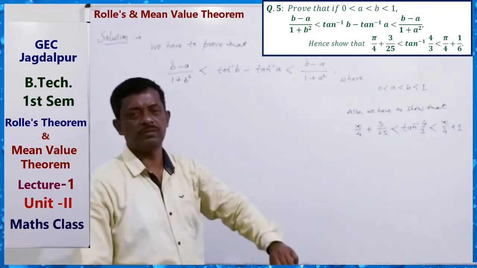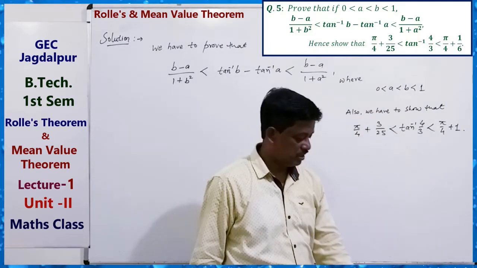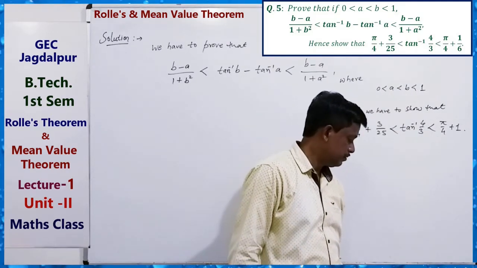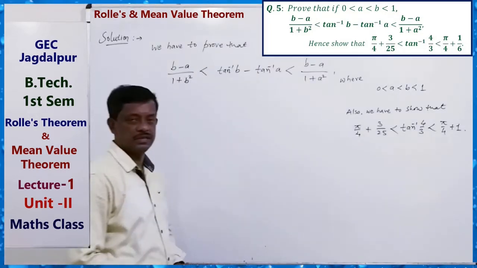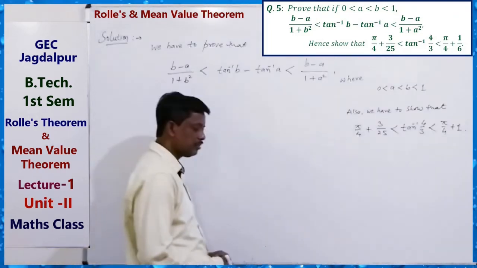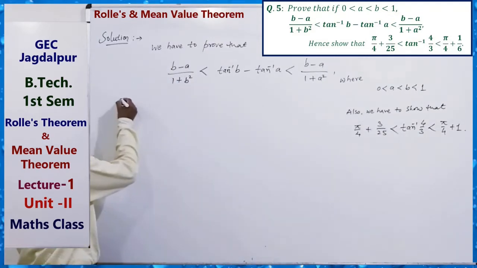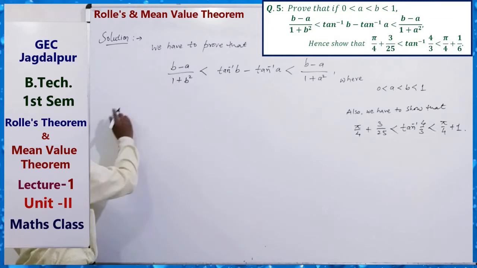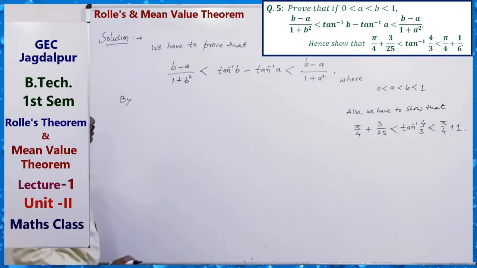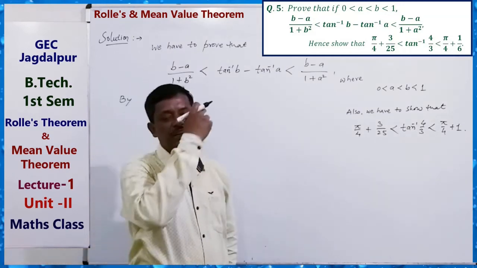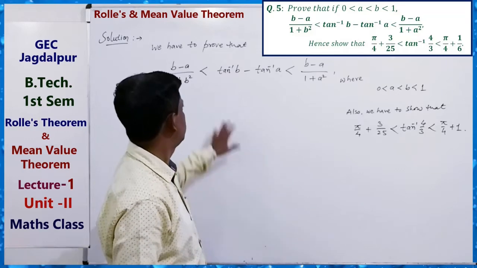So first of all, we have to show this, where a and b are like this. By the mean value theorem, we have to prove this. Just for proving it, think about it.